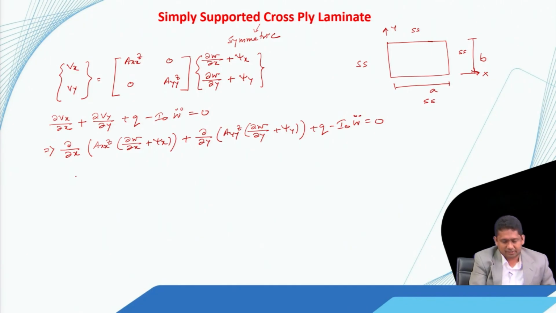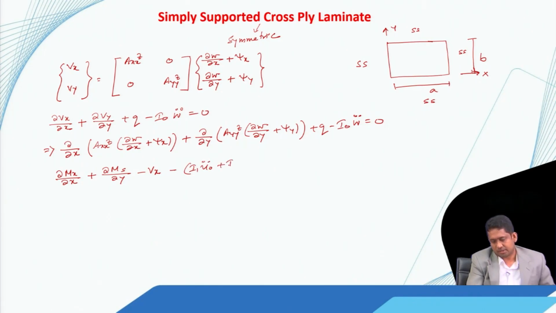Then the equation from the moment that we get is del Mx by del x plus del Ms by del y minus Vx minus I1 u0 double dot plus I2 psi x double dot.